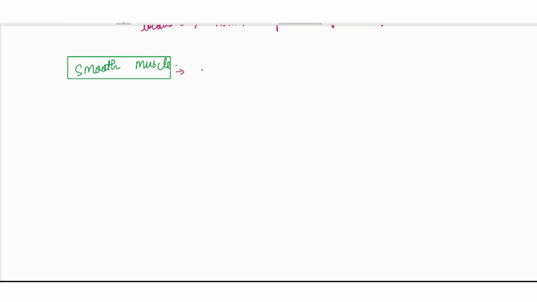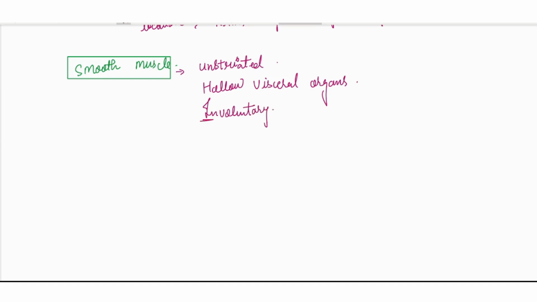So we can call them unstriated, and they are present in the hollow visceral organs, right? And they are involuntary in action. Skeletal muscles are voluntary, but these are involuntary. That is a very important term, the basic difference between the two.